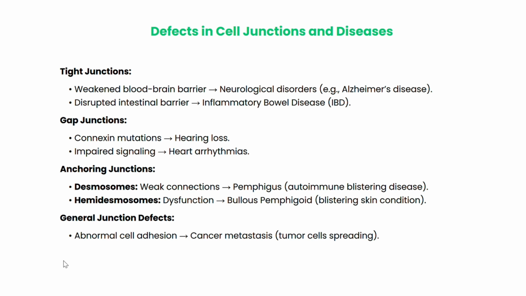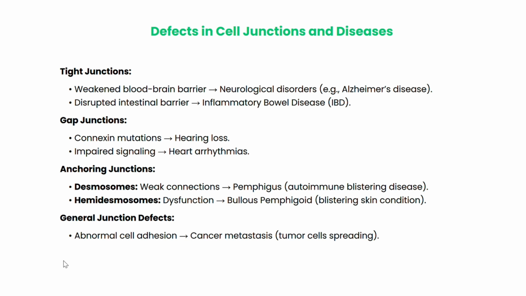Now let's take a closer look at what happens when cell junctions fail. These tiny structures or connections are vital for our health, and even small defects can lead to serious diseases. Tight junction defects: when tight junctions are compromised, the blood brain barrier weakens.